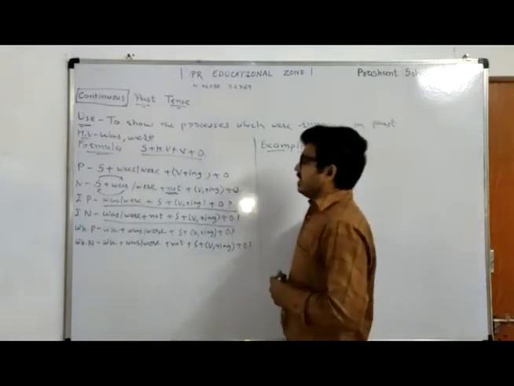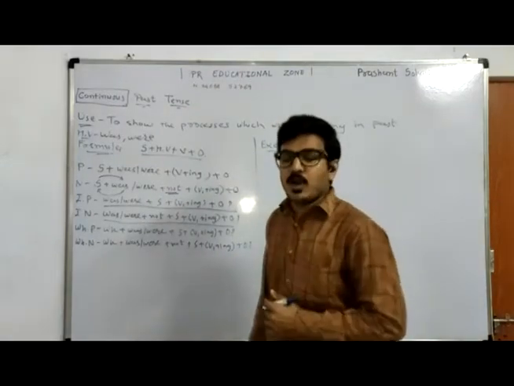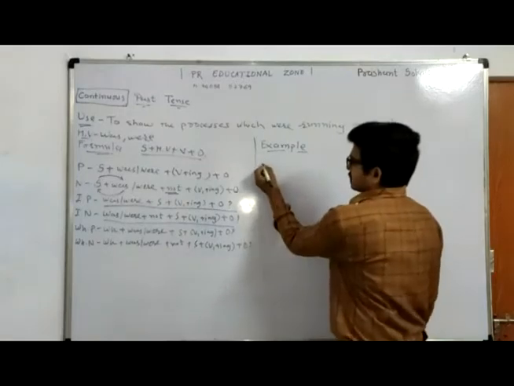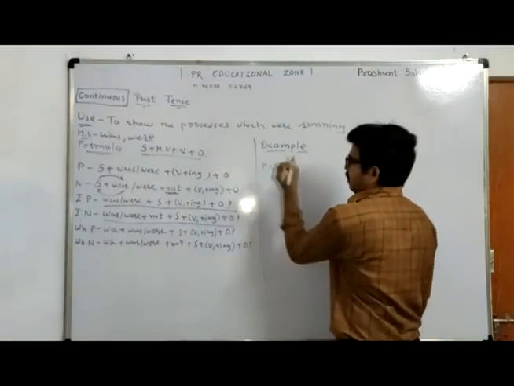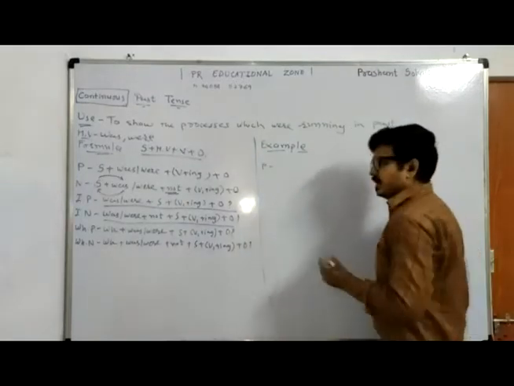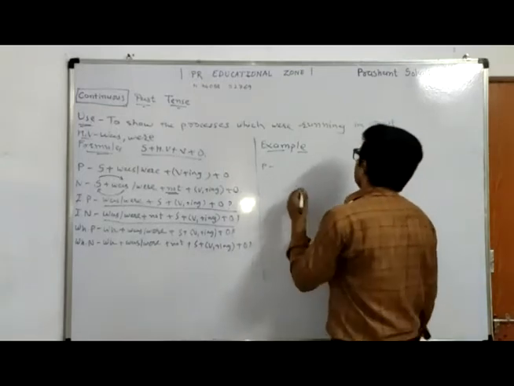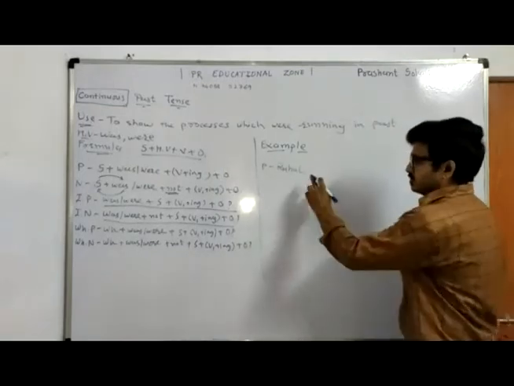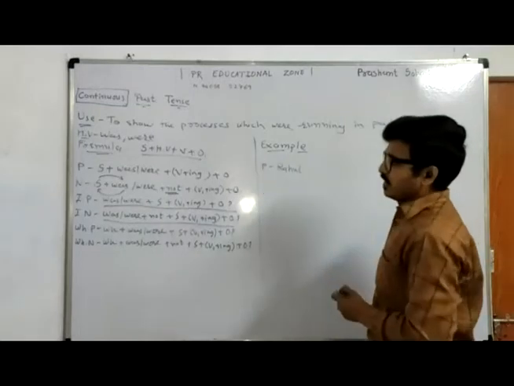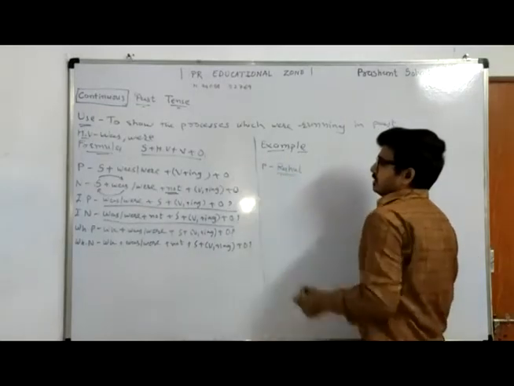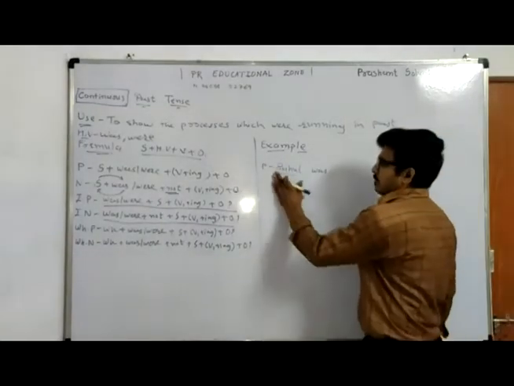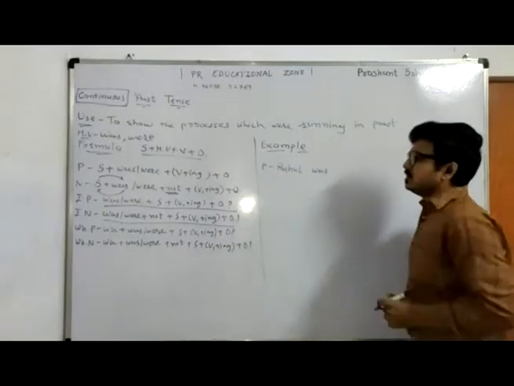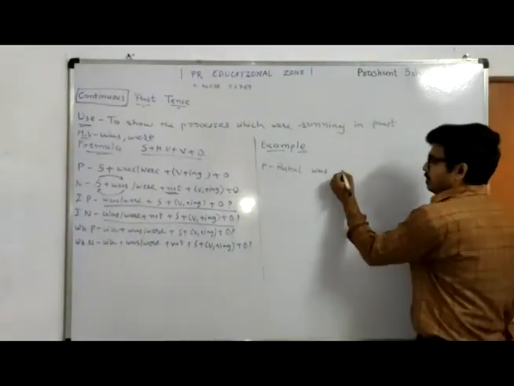Now we are taking its example according to the formula. Here I am going for the example of the positive sentence, and here I am taking the subject as Rahul, and then was or were. So Rahul is singular. Now we are taking was after Rahul because Rahul is singular, and then the verb ing form.